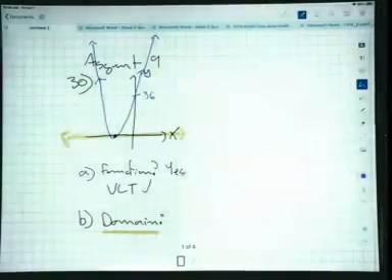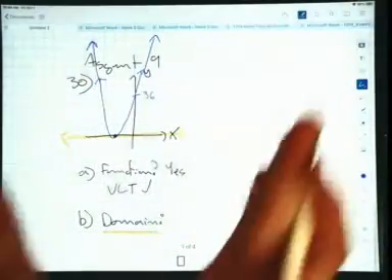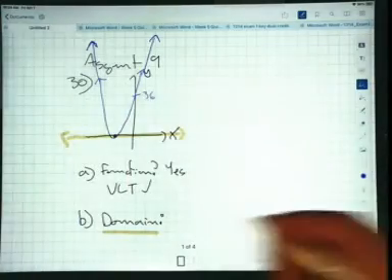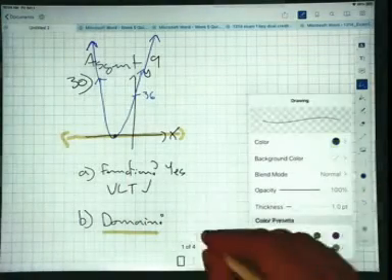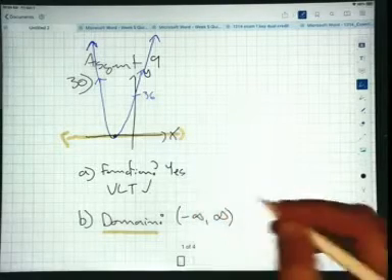So because of the arrows that tell me that the graph continues going upwards and out, the domain is all real numbers from negative infinity to positive infinity.